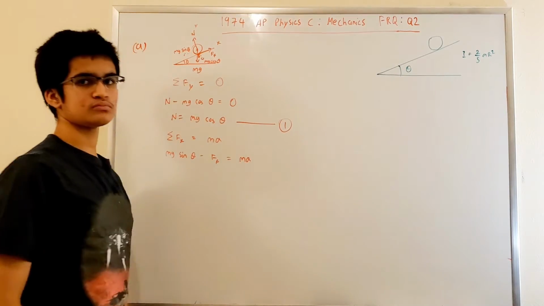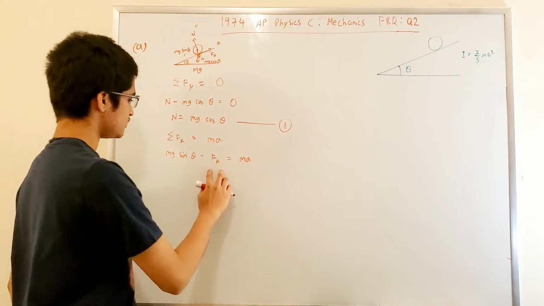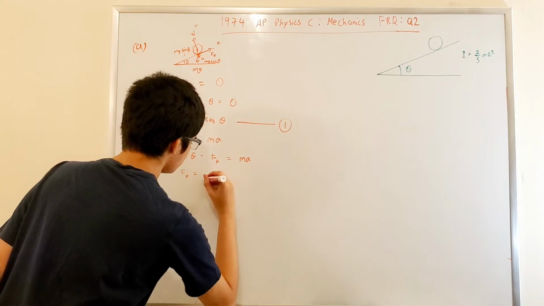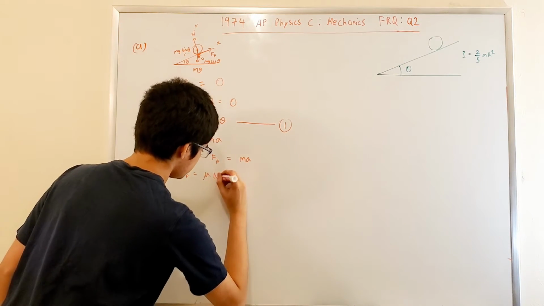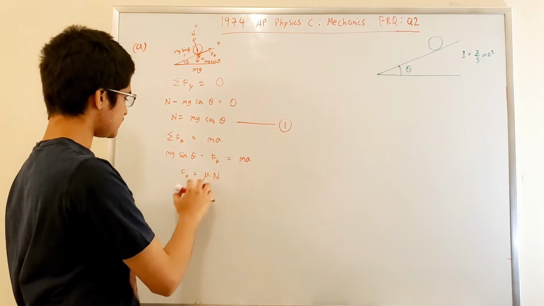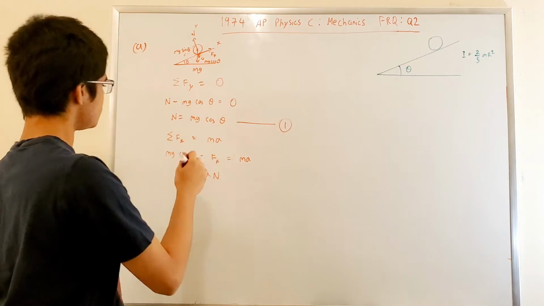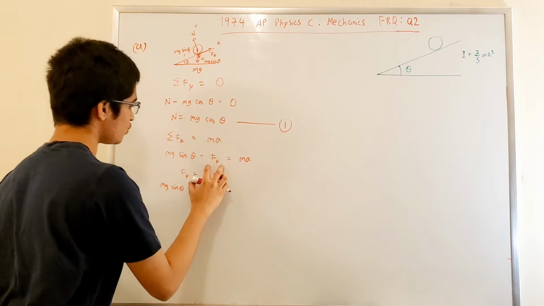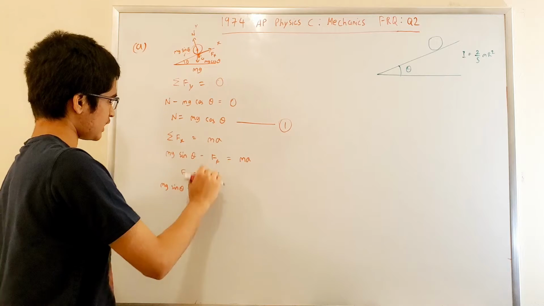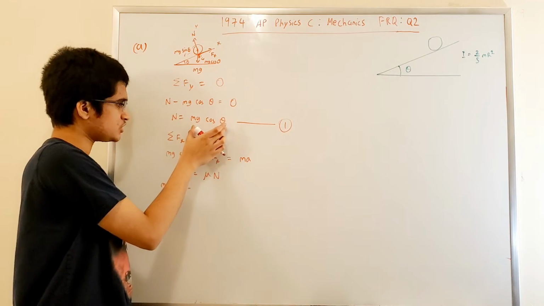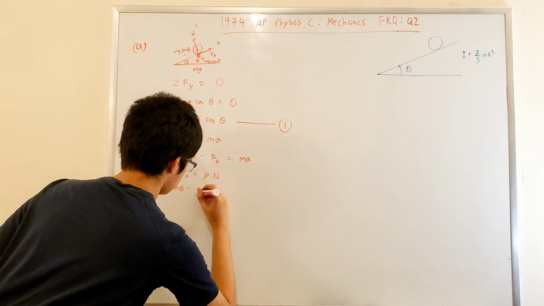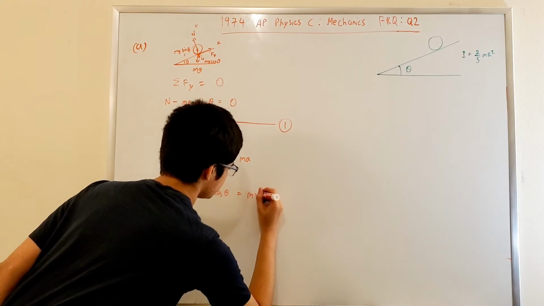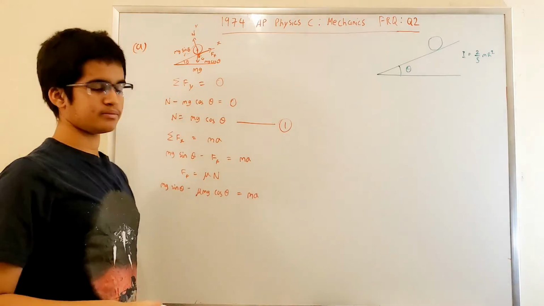So we can write mg sine theta minus our force of friction is going to be equal to m times a. Now recall that the force of friction is always equal to mu, a coefficient of friction, times the normal force. So we can substitute our force of friction as mu times our normal force, which is mg cosine theta, and this is going to be producing a force of m times a.